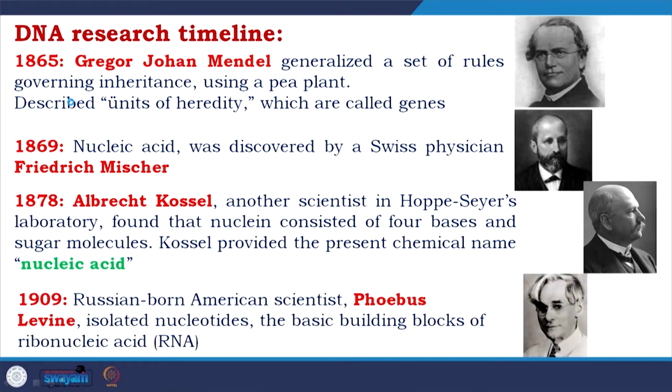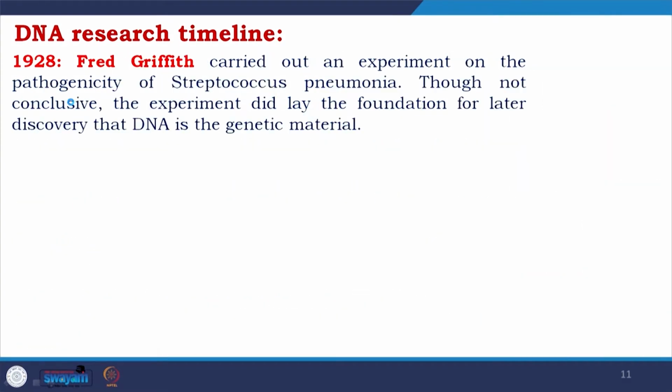In 1909, Russian-born American scientist Phoebus Levene isolated ribonucleic acid and characterized the building blocks. In 1928, Fred Griffith carried out an experiment on the pathogenicity of Streptococcus pneumoniae using a virulent and an avirulent strain.